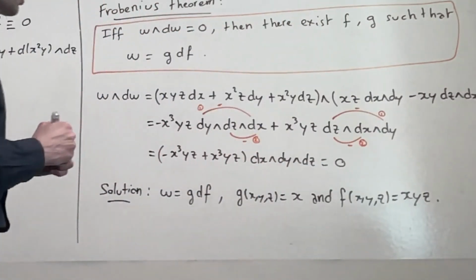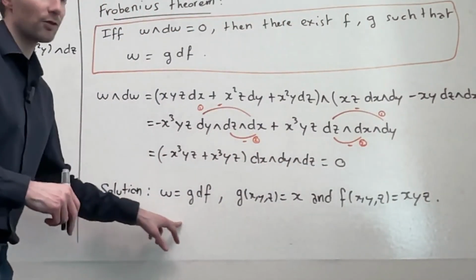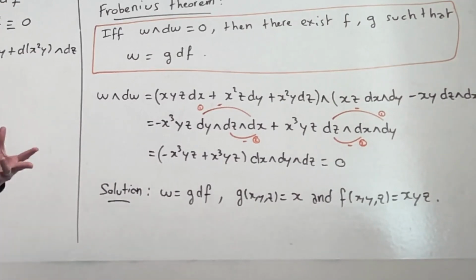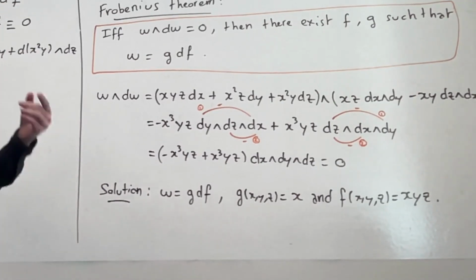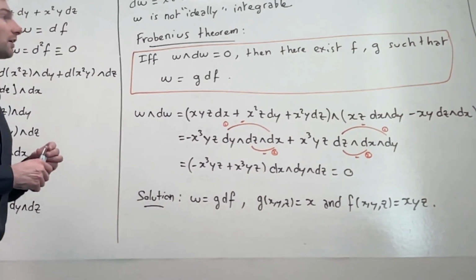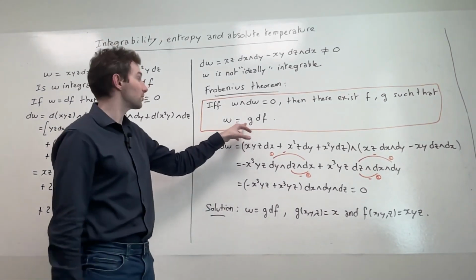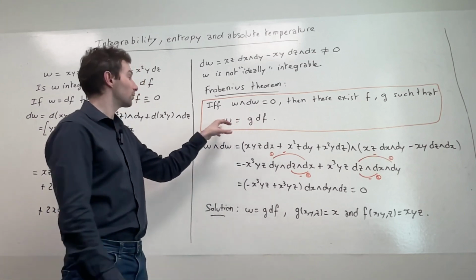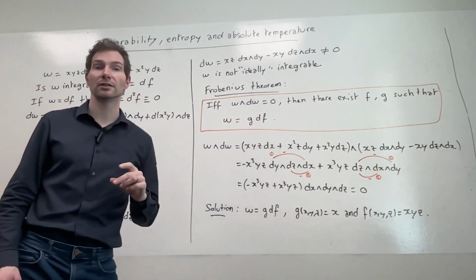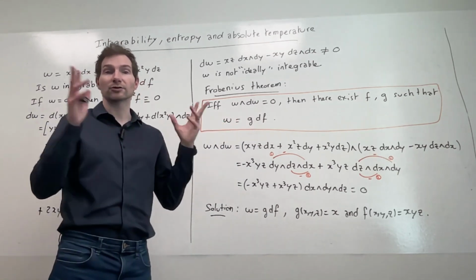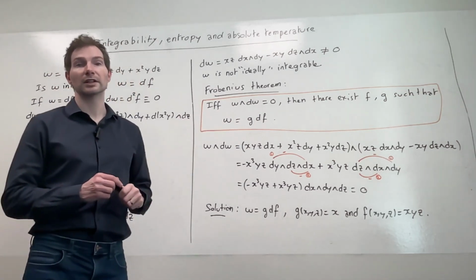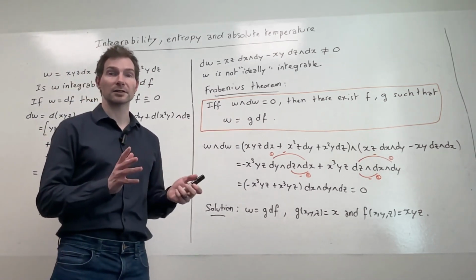Therefore you have something which is integrable, and this integrability comes simply from the fact that you can write it in this fashion. It means that you've got a term df that can be expressed as omega over g, so you do have an actual total differential that can be defined in that case.